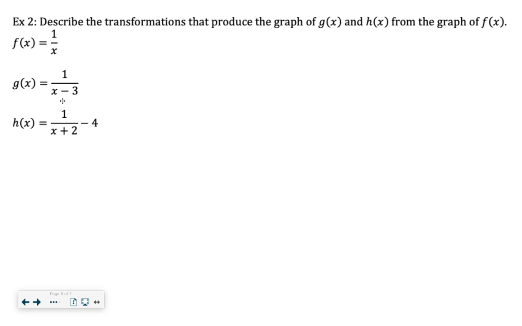My denominator is my inside of the function here for 1 over x. So this would really be taking my original graph and going right 3. Now let's look at one that has both a horizontal shift and a vertical shift. So here I would be going left 2 and down 4.